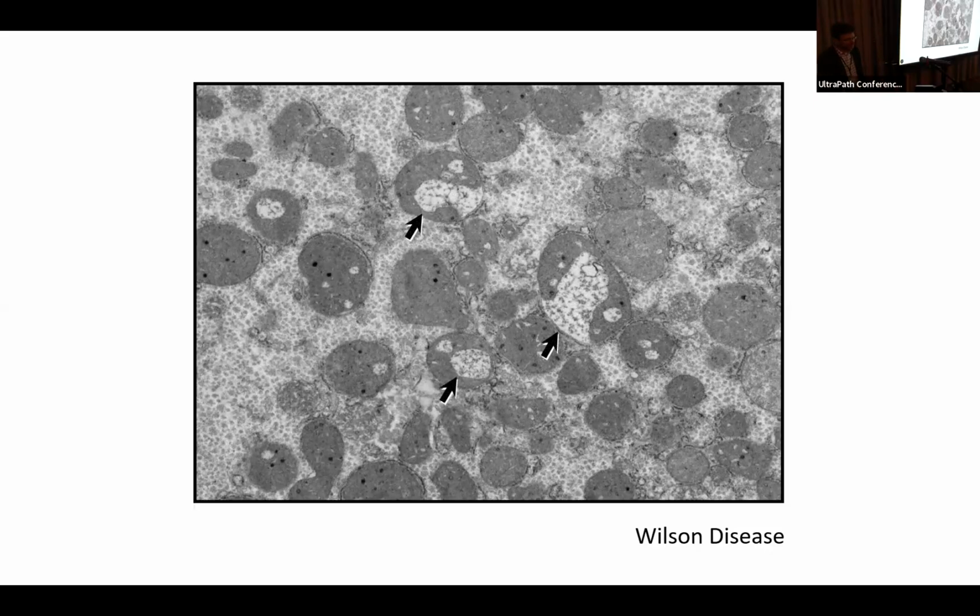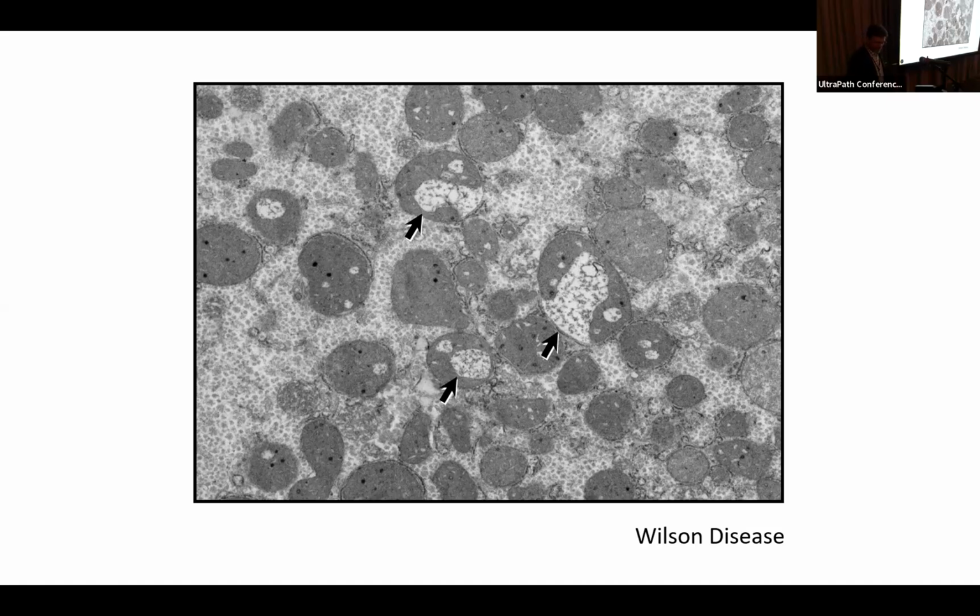But probably the most specific finding, if there is one for Wilson's disease, are the mitochondrial changes that we see, where these mitochondria almost look like they have little vacuoles. These are dilated cristae. In Wilson's disease, especially the tips of the cristae, sometimes the cristae will look completely normal, and then the tips just form these really large bulbous tips here.